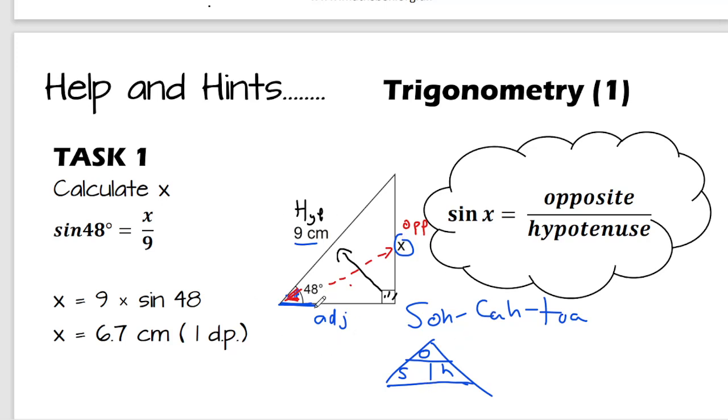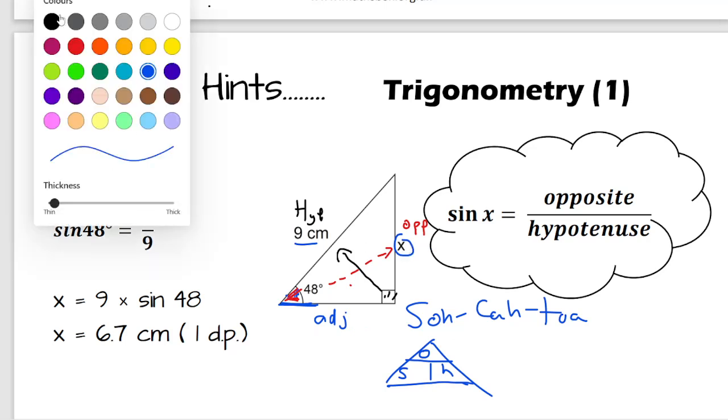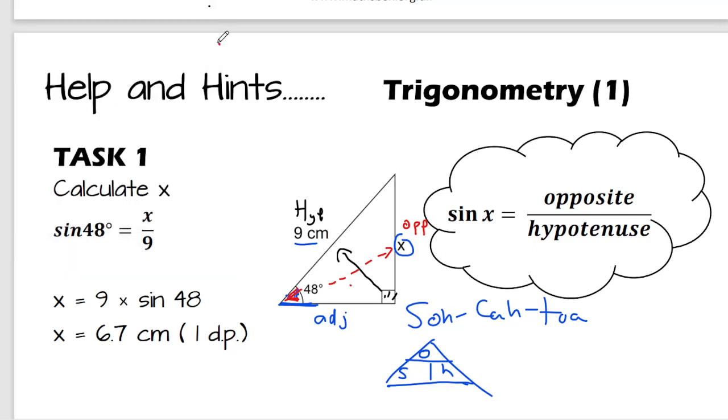So if we're picking the ratio, we know this one is all sine, or using sine on the calculator. So we're not going to use CAH or TOA. If we did need to select it, we would say, what sides do we know? Well, we know the hypotenuse, so we can use it.